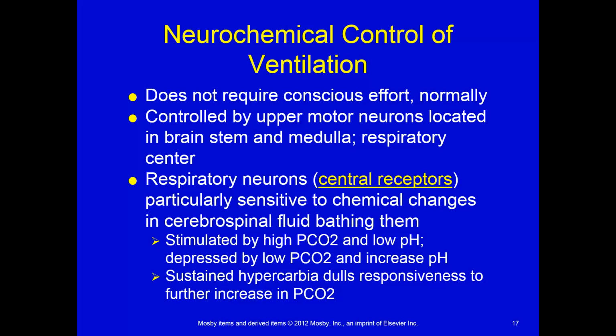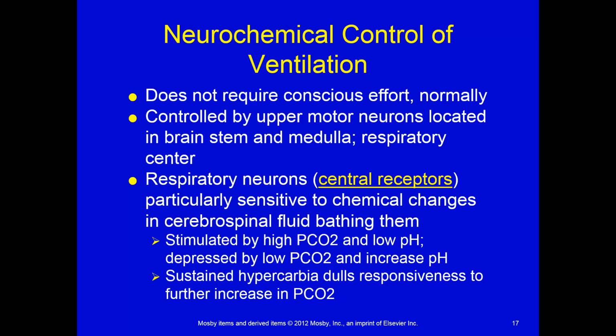So they will be stimulated if the partial pressure of carbon dioxide is high and the pH is low. If you see high CO2, the pH is going to be low. The person's going to be acidotic, right? So they're stimulated to take a deep breath in and push that CO2 out if the PCO2 is high and the pH is low. They will be depressed, not stimulated, if the PCO2 is low and the pH is high, right?